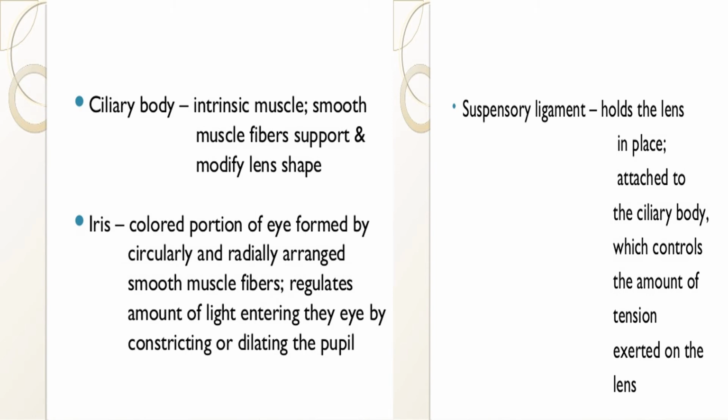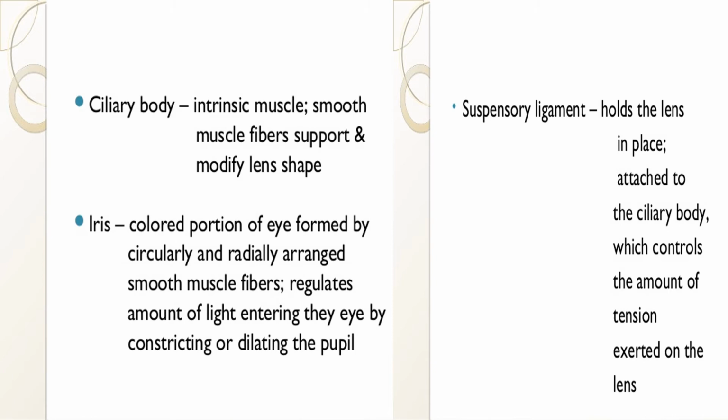Now coming to the anterior part of this vascular tunic, that is the ciliary body. We have discussed that towards the posterior part, the choroid layer is thin and it thickens when coming to the anterior region.